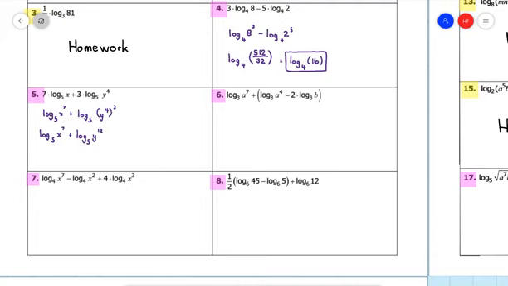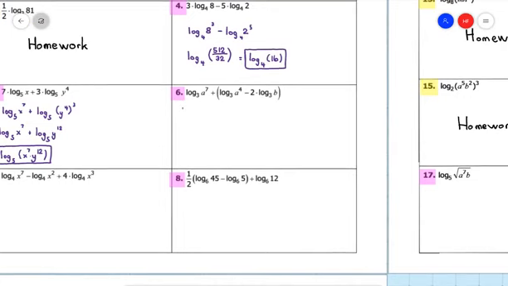We've got a power to a power, so we'll multiply them. And now since it says plus, I'm going to multiply. So log base 5 x to the 7th times y to the 12th. And since x and y are two different variables, we'll just leave them that way with their multiplication in between.